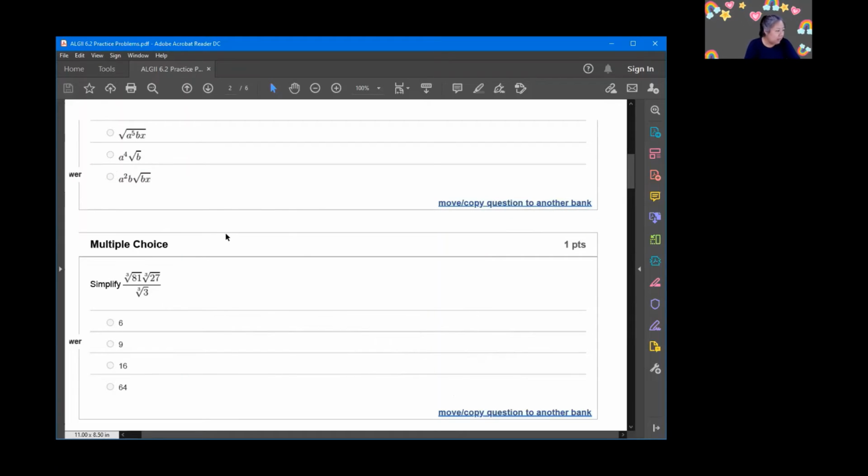Okay, the next one. Now, notice the radicands are not variables. They are numbers. So before I go ahead and directly multiply, I can simplify the numbers first. So the cube root of 81.